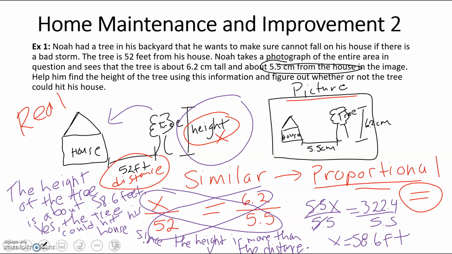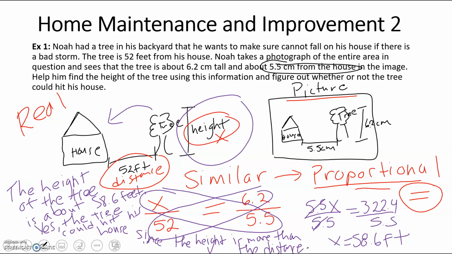So what did we do? Well, we started by drawing an image to represent the situation. Then we noticed that because they were pictures of the same thing, they were mathematically similar. And when things are mathematically similar, they form proportional relationships, meaning if we write ratios comparing different parts of the image, they should be equal ratios.